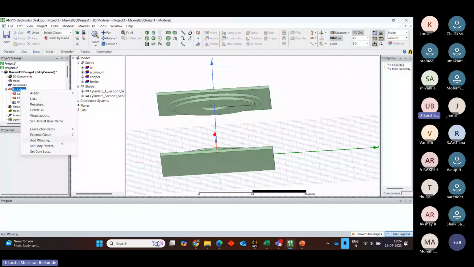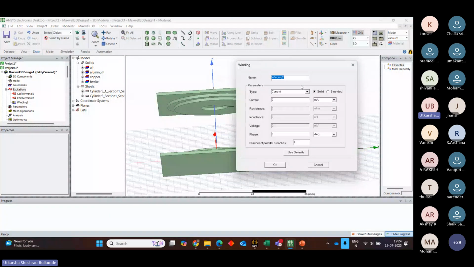Now for secondary, I told you, you can either give here 0 current, or you can give here 10 and give a phase difference of 90 degree. So it will be the same. If you give 0 also, it will work. Or you can just give the current same as your primary winding and just give a 90-degree phase shift.